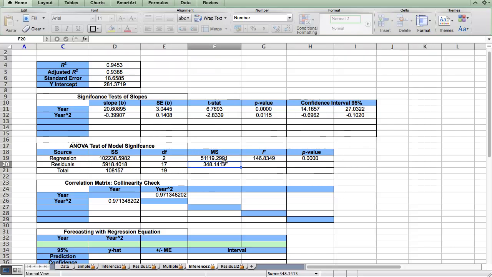And this is what we want, to suppress some of that forecast error and get the best possible model. Now let's look at our time plot and compare the forecasts for both the simple regression and the quadratic multiple regression.